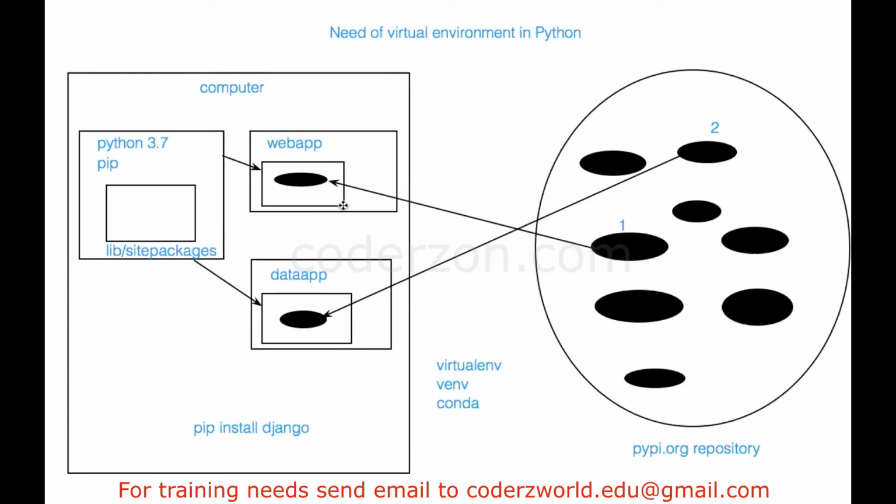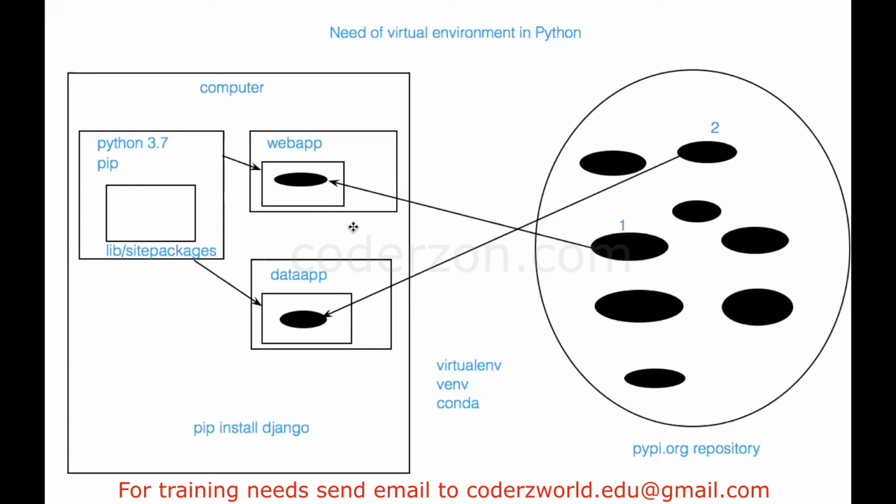So now each and every application can install its required packages without bothering about other applications. Each application has its own virtual env. Inside that there is a lib/site-packages, and to that directory the respective application installs its packages.